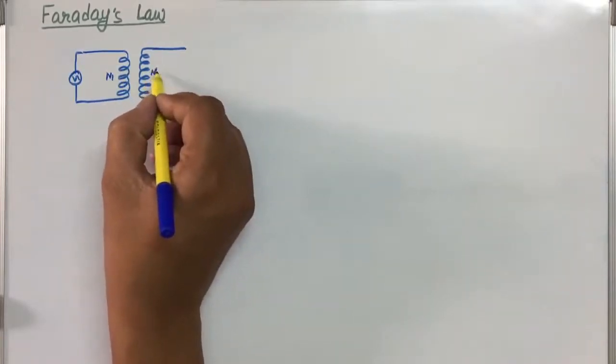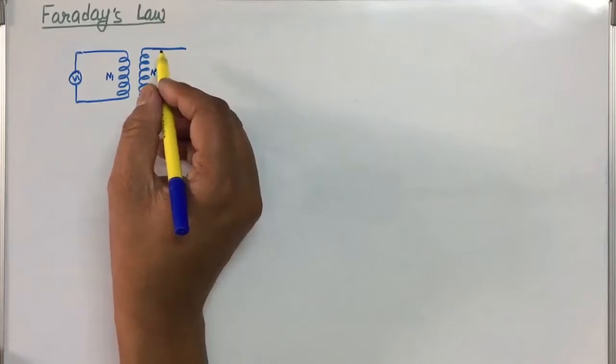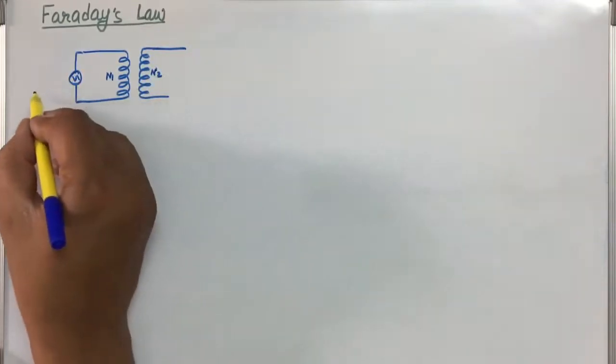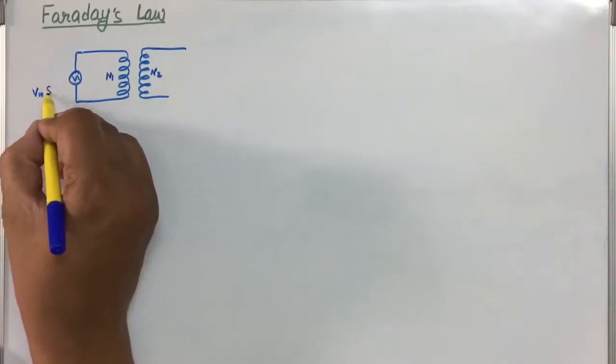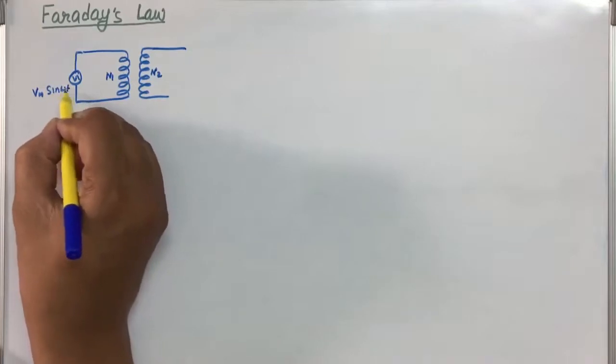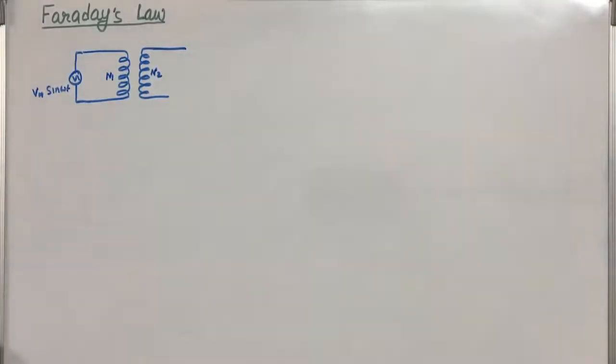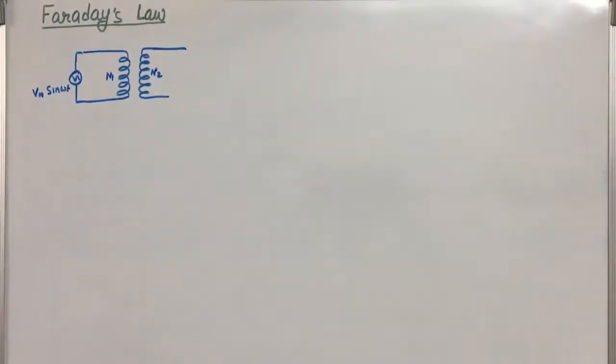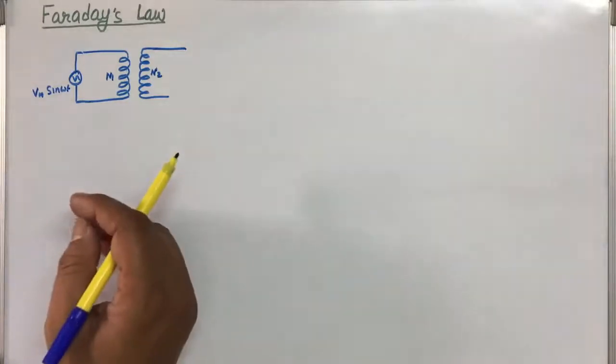N1, N2 are their numbers of turns, and this is a time varying voltage source, that is Vm sine omega t. It is time varying. So in this case we will see how Faraday's law is helpful to find the transformer principle.